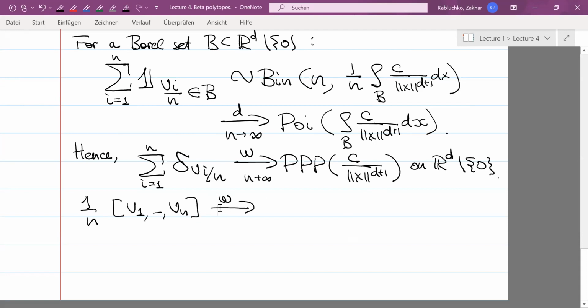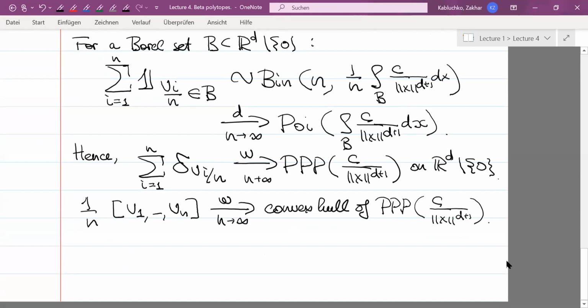In fact, it's a weak convergence on the space of convex sets with the Hausdorff metric. But I think it's easy to believe that if the points converge, then the convex hull of the points converges to the convex hull of the Poisson point process with this intensity.